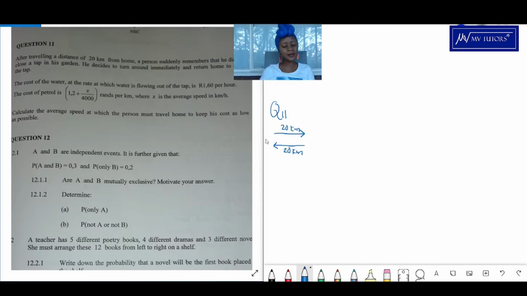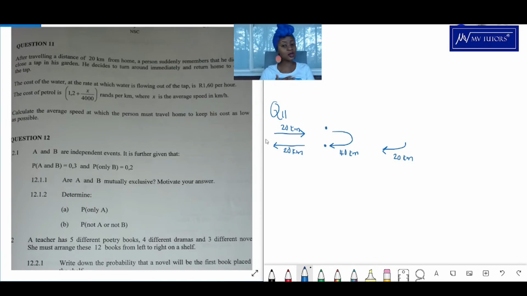So this question was a bit tricky in that, what do you choose? They asked to calculate the average speed at which the person must travel home. Are you going to consider the entire trip, where it would be 40 kilometers, or are you just going to consider the halfway trip where he just went back home? My thing is, this water has been dripping from the time he left home until the time he went back home.